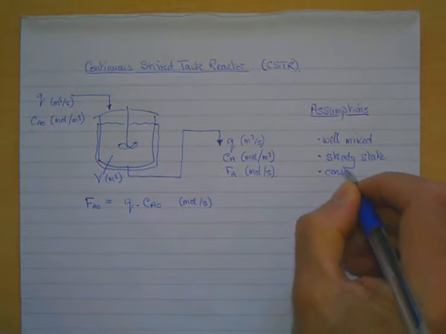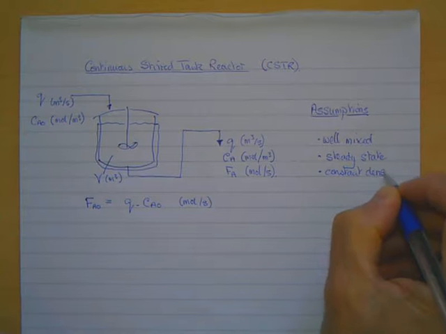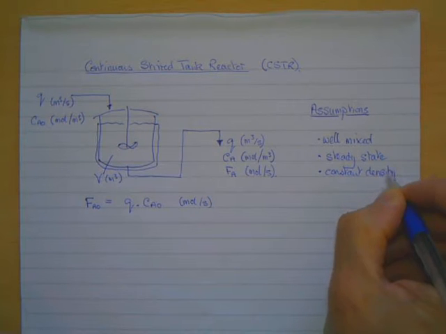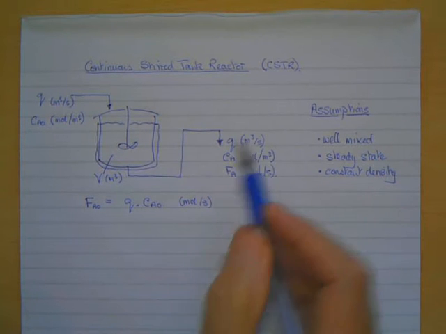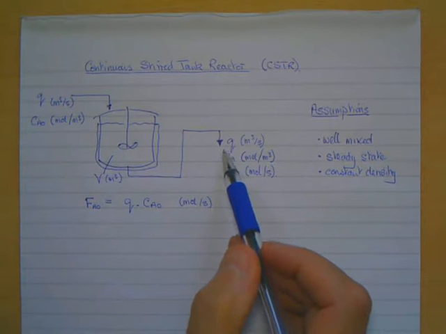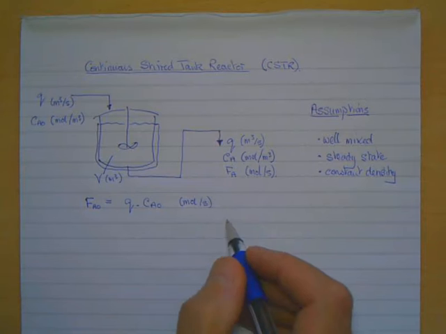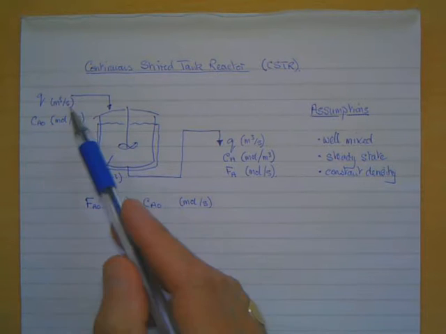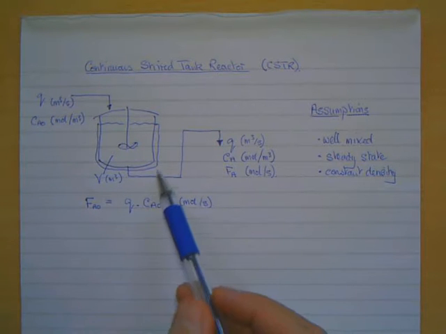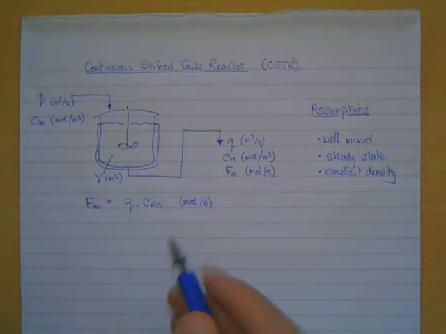And it's already implied in what I've written, but we're going to assume that we have constant density, so that the volumetric rate in is the same as the volumetric rate out, and that's if the density of this stream is equal to the density of that stream, and because it's well mixed, we know that that's the density of the contents of the vessel as well.